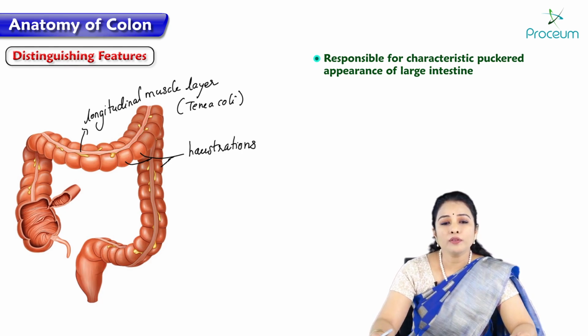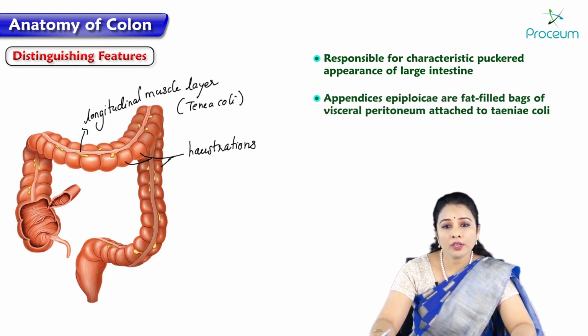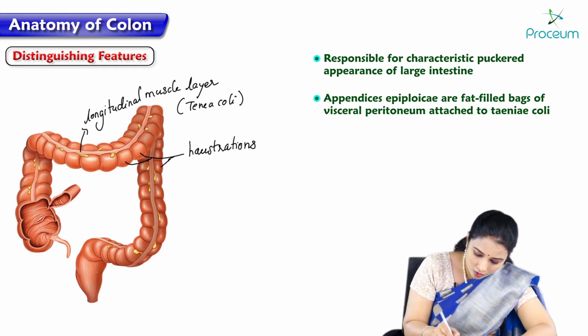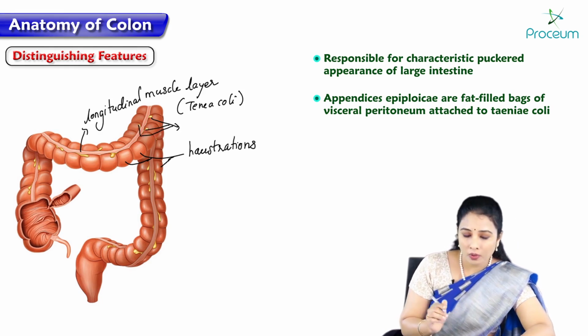The next important feature is the appendices epiploicae, which are fat-filled bags of visceral peritoneum attached to the taeniae. These outpouchings of fat are the appendices epiploicae.